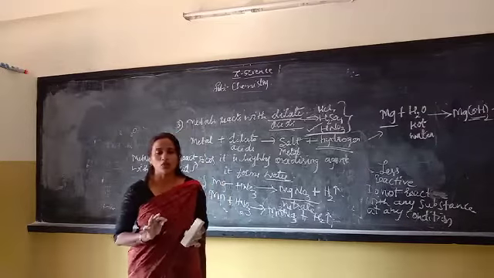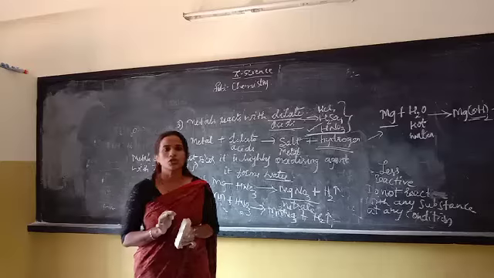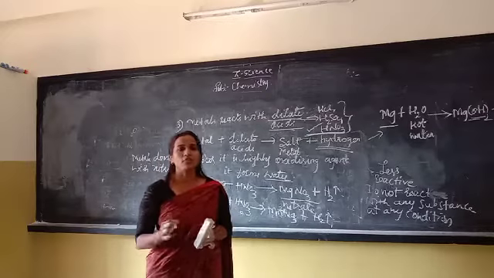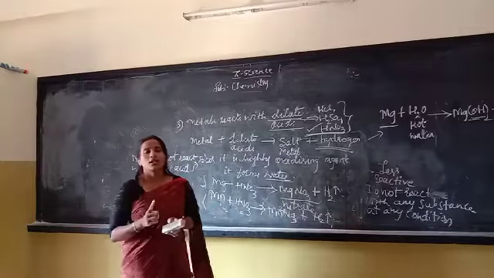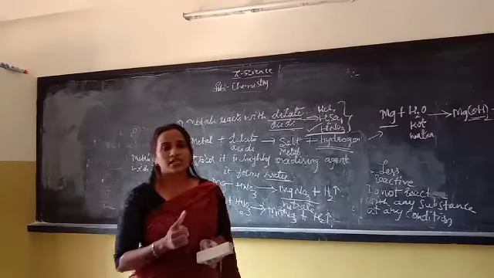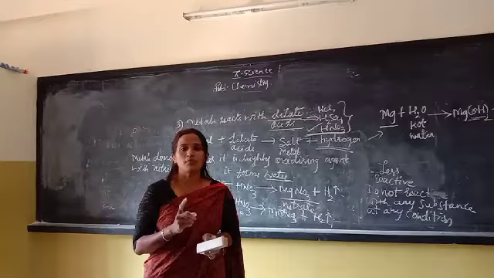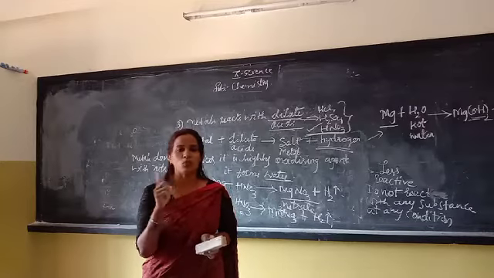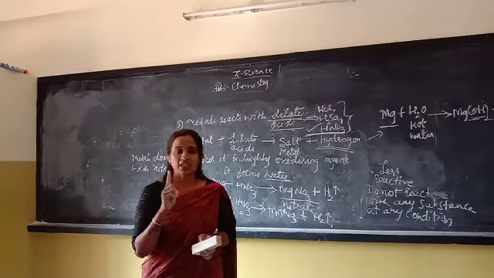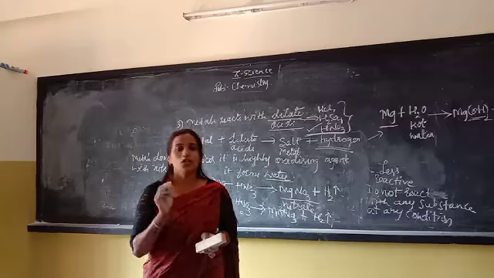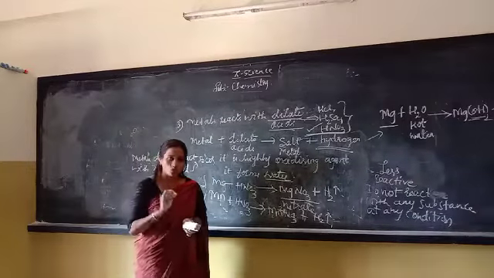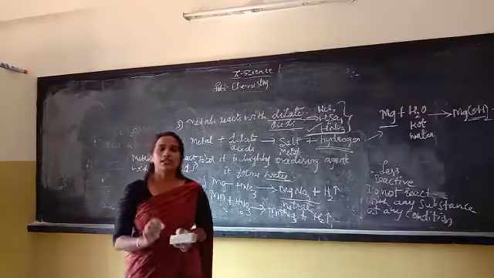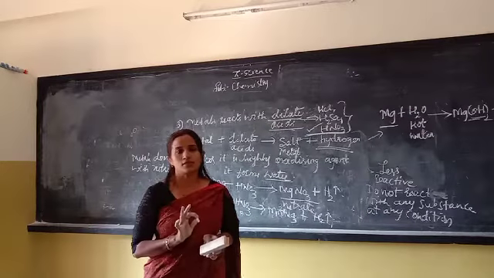If you have any doubts, please message or call me and ask whatever doubts you have. In chemistry for your 10th standard, all the lessons are based on chemical reactions except one lesson, the last lesson. You need to learn the chemical equations by heart, because if you write the chemical equations, you will get full marks.